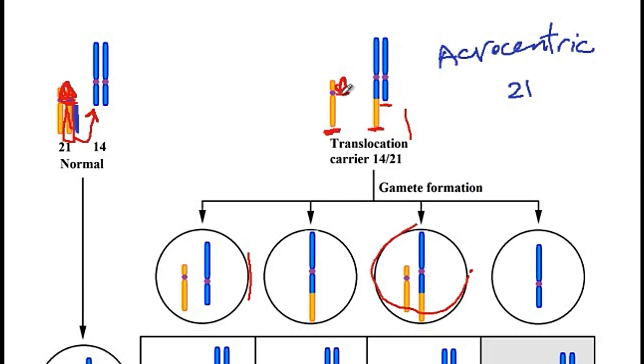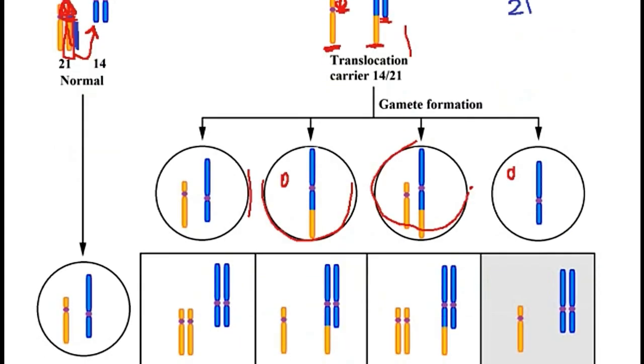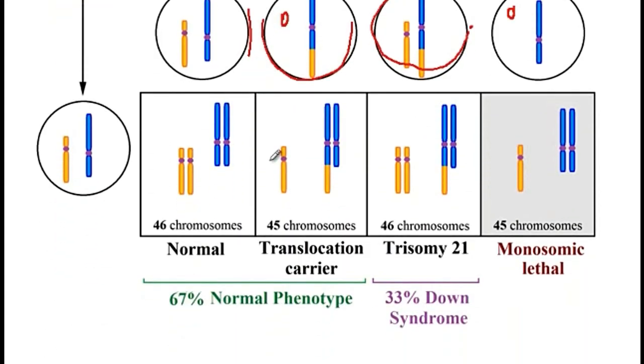Then it would be the short one and the translocated one, which would be this one. The short one is not shown because it's not significant, or it could get lost. And then the final combination is the short one and chromosome 14, which is right here. And again, the short one is not shown. Now, normal gametes that are formed will have 1 21 and another 14.